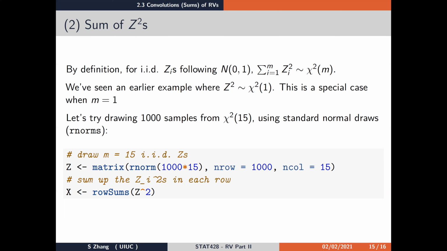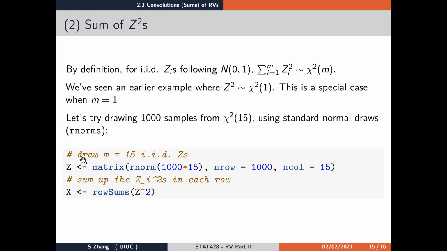So now let's try drawing 1000 samples from the chi-square distribution with 15 degrees of freedom. And we want to do it using standard normal draws only and transforming the standard normal draws. So here's what we can do. You can see that chi-square 15 should be equal in distribution to the sum of 15 IID standard normal draws squared.